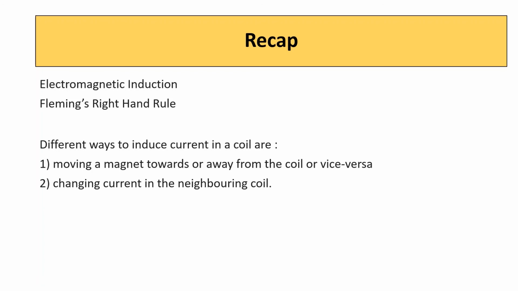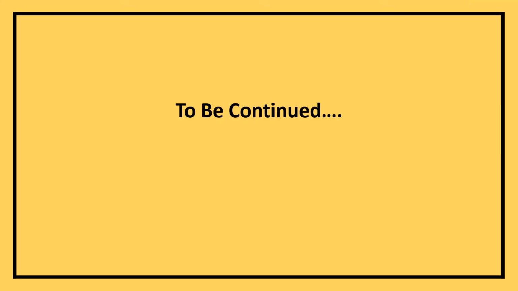We also learned about the different ways to induce current in a coil. They are: number 1, moving a magnet towards or away from the coil or vice versa, and number 2, changing current in the neighboring coil. Hope you understood this session. See you in the next class.